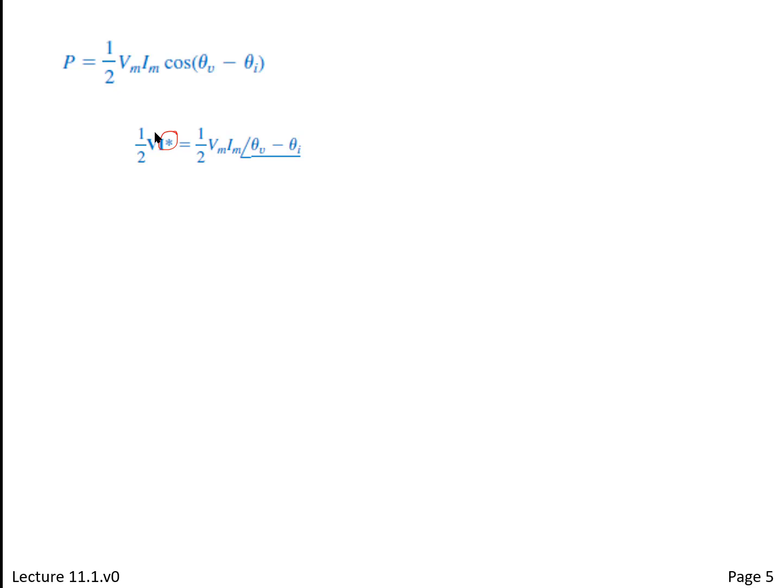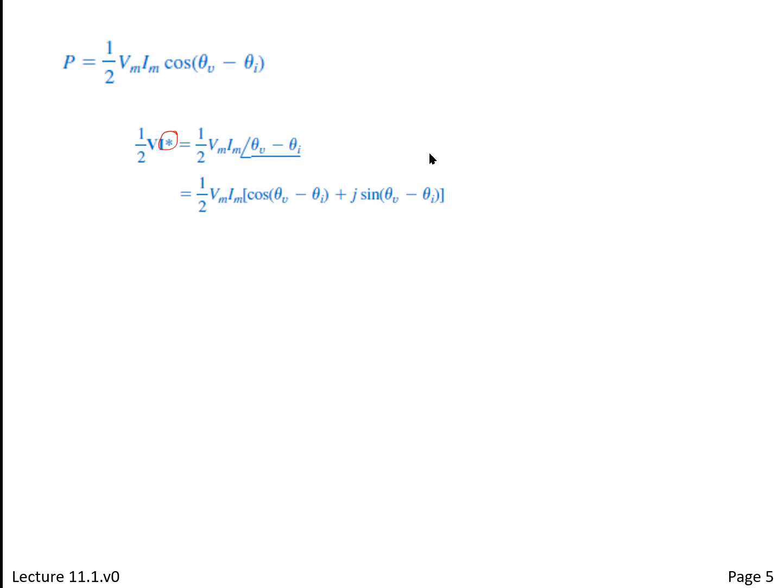So that's kind of like the inverse. Let me show you. I'll expand that out. If I were to take this term and write it as a complex number, which it's a representation of a complex number. Remember, this is some magnitude, 1/2 VMIM, at a phase angle of V minus I.